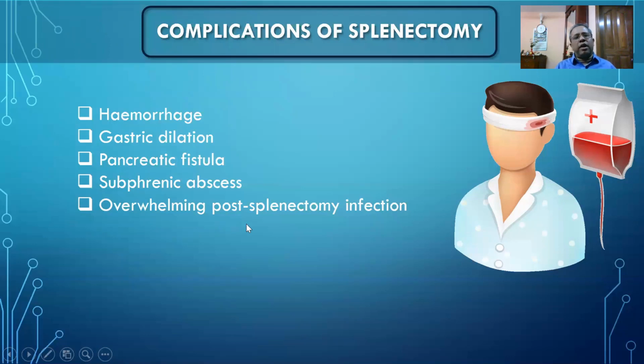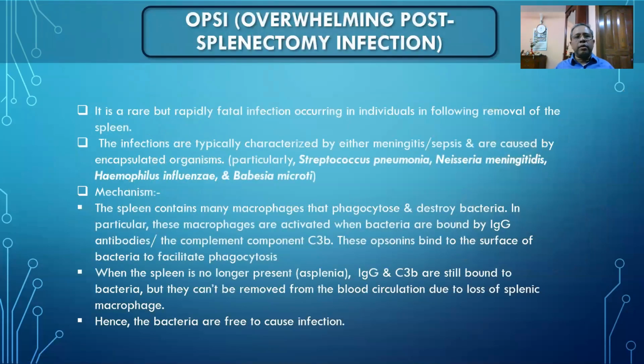That function is not possible because there is no spleen there. For that reason, there is a chance of overwhelming post-splenectomy infection. Sometimes in the OSPE or in the written, a short note on overwhelming post-splenectomy infection is given as a question.